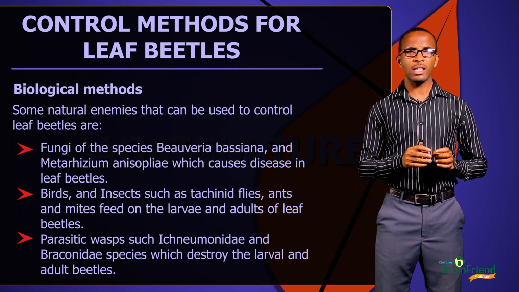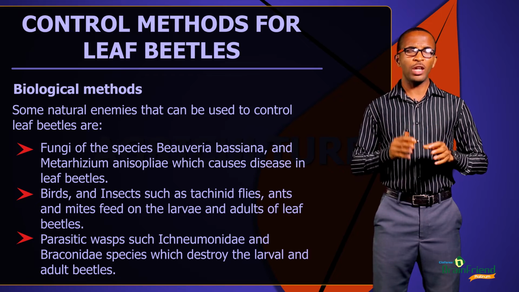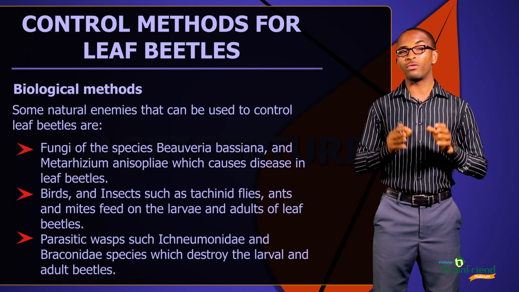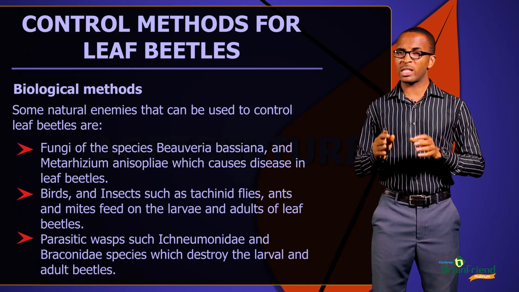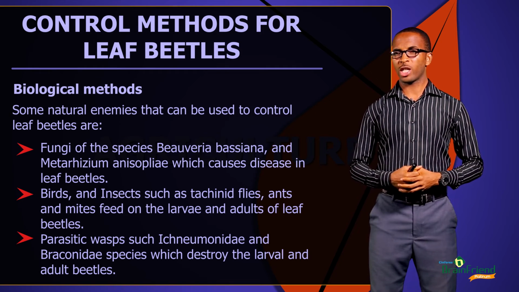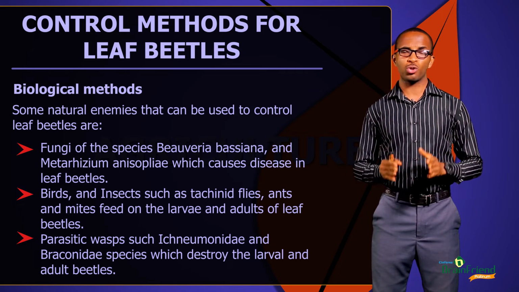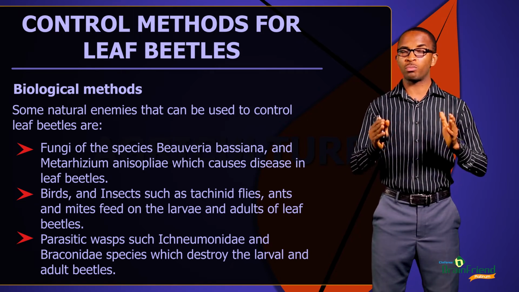Birds and insects such as tachinid flies, ants, and mites feed on the larvae and adults of these leaf beetles, causing them to die. Lastly, parasitic wasps such as the Ichneumonidae and Braconidae species are used to destroy the larvae and adult beetles.